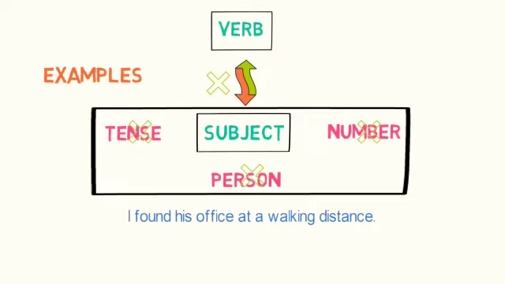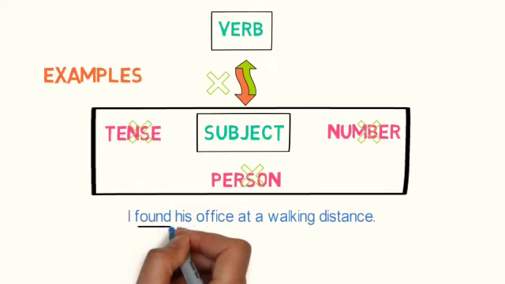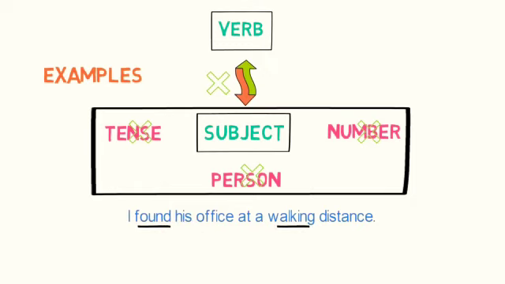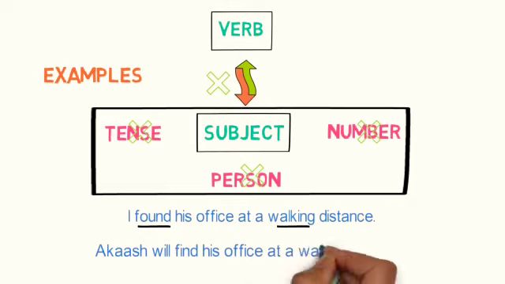I found his office at a walking distance. Here, the subject is in singular form and the sentence is in past form. There are two verbs here, found and walking. Let's look into another example. Akash will find his office at a walking distance. Here, the subject is in singular and the sentence is in future form.